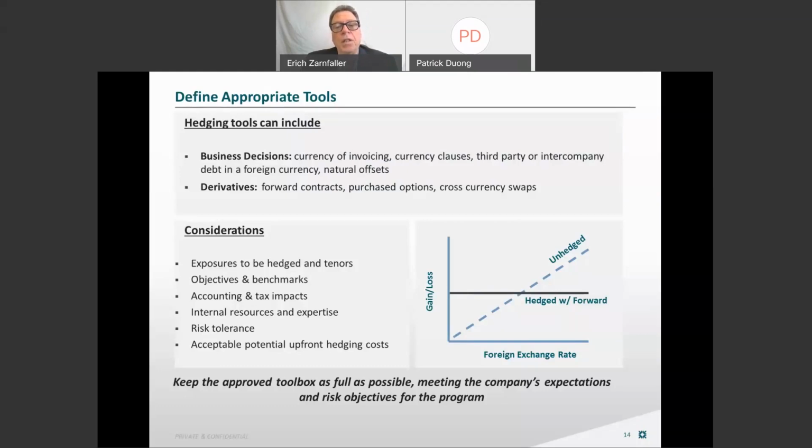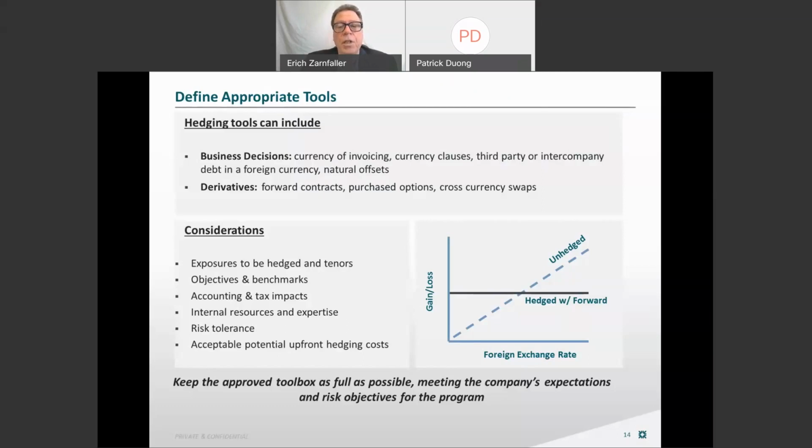On the lower left side of the slide are listed some of the considerations in choosing the appropriate derivative tool. The choice could depend upon the exposures being hedged, the benchmark for the exposures, current market rates, and perhaps even exchange rate expectations, the accounting impact, potential tax impacts, and the company's risk tolerance.